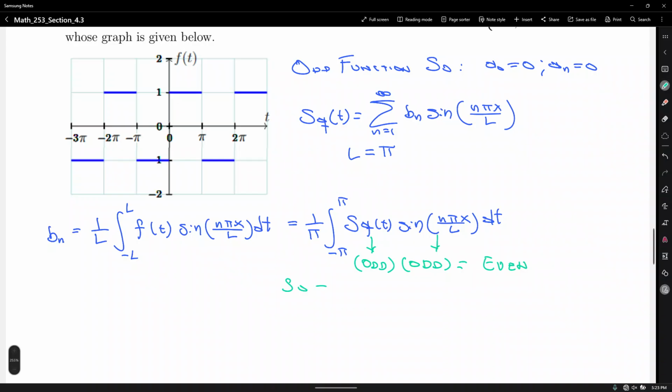So the integral from negative L to L of the function f of t dt will be equal to 2 times the integral from 0 to L of the function f of t. All right? Yes, because you don't want to split this into two integrals. Just multiply.